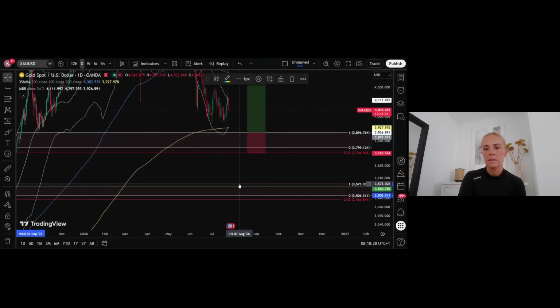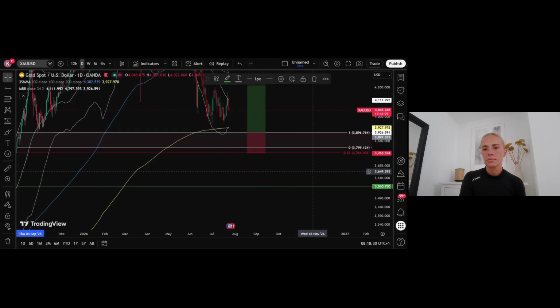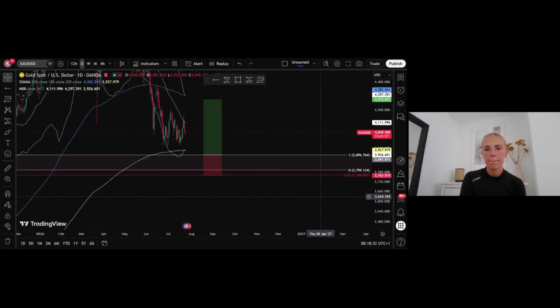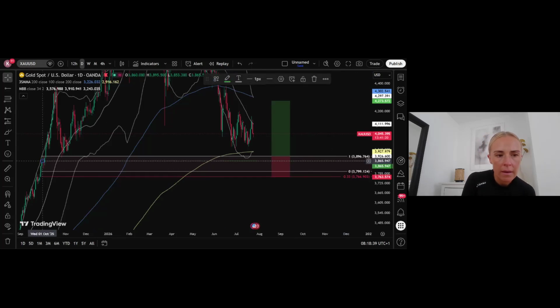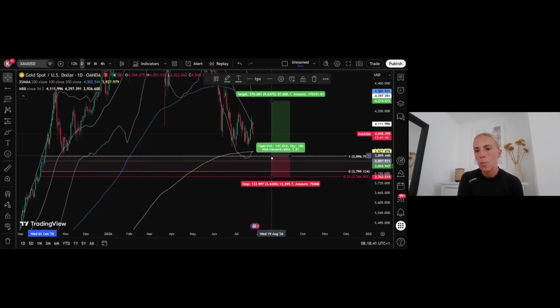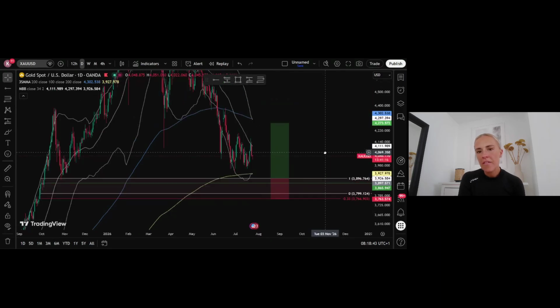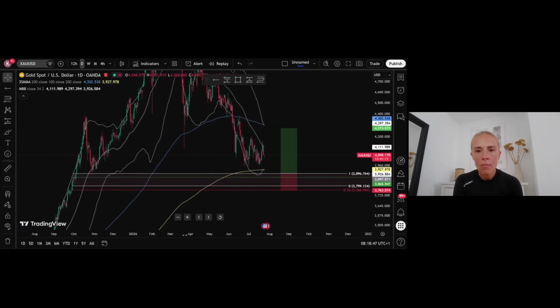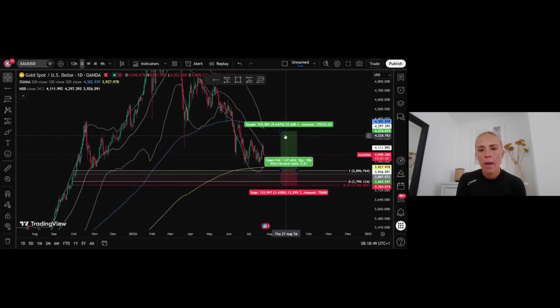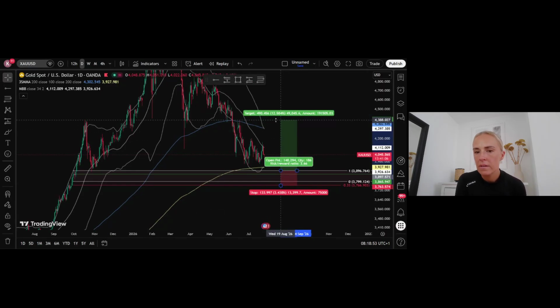Mark up my preferred entry. So that's here. So it's a better risk to reward. So at the moment, if I wanted to get into that trade, yeah, and I wanted to target the previous lower high, that's a 1 to 3.